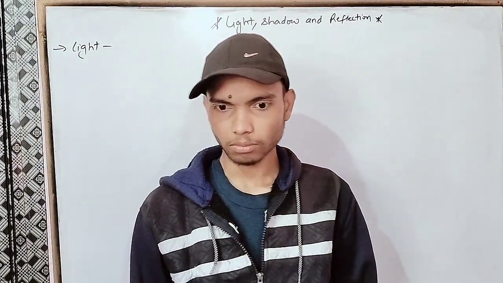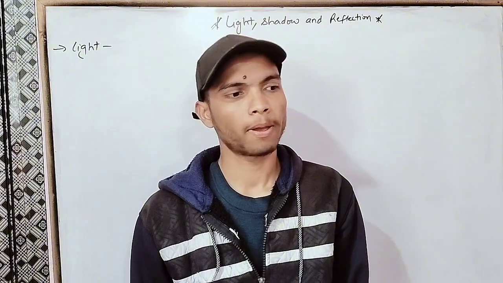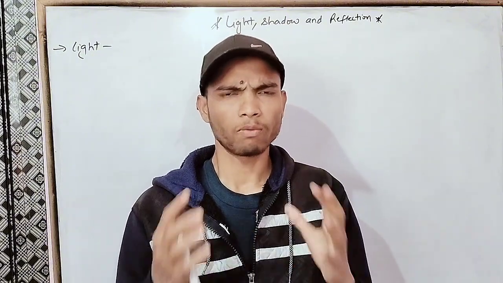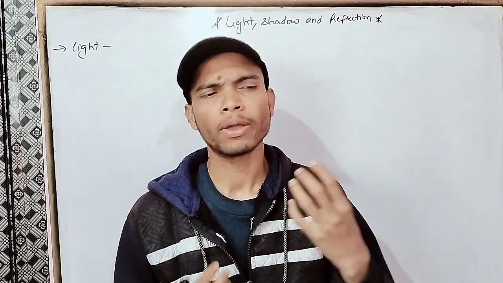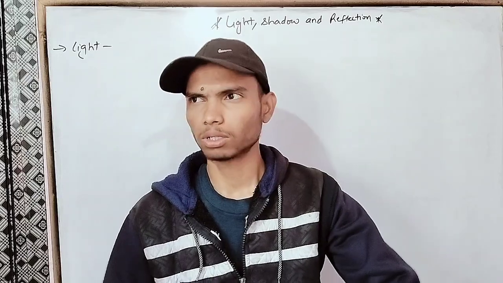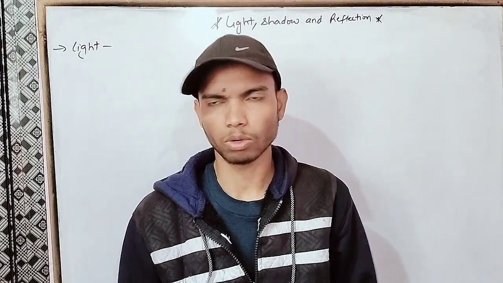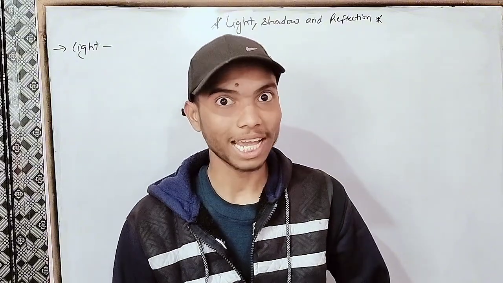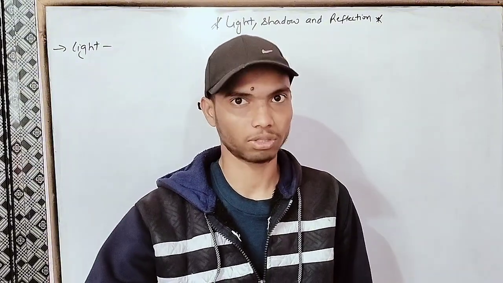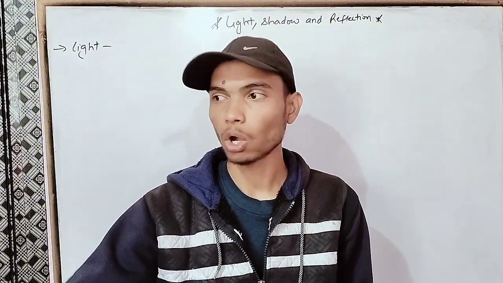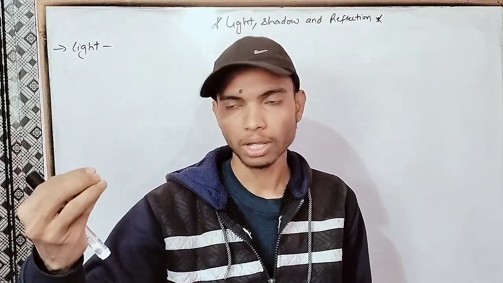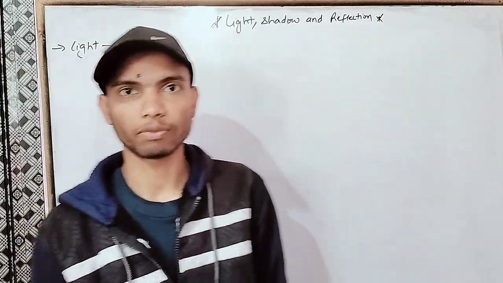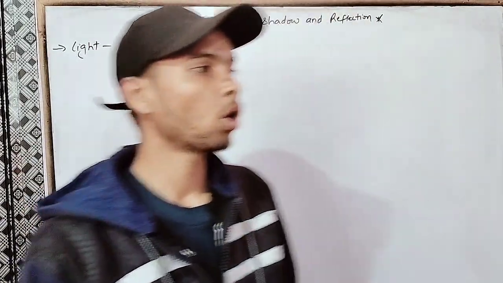So what would the meaning of light be? We are human. We can see all the things whatever are there in front of us, even we can touch all these things, whatever we have in front of us.